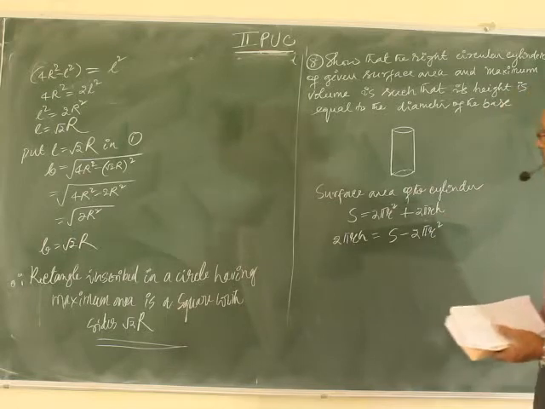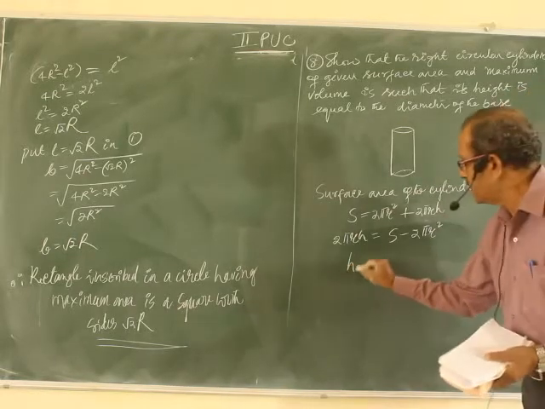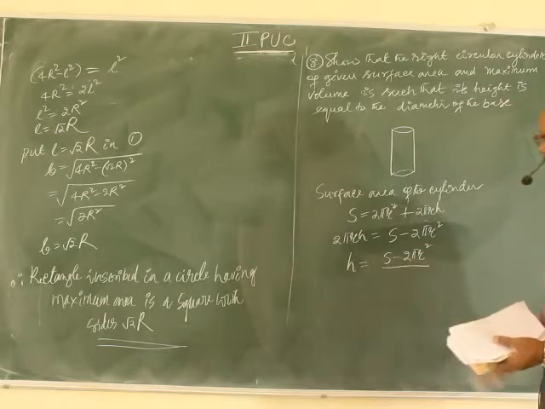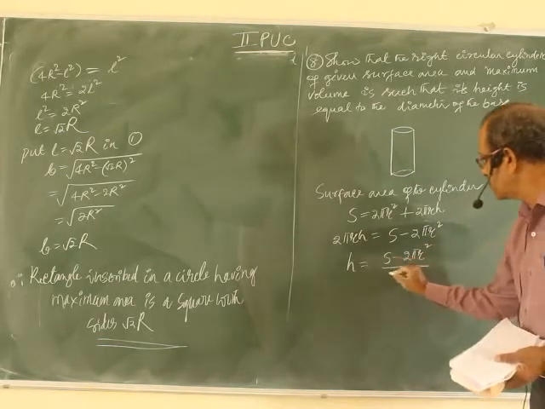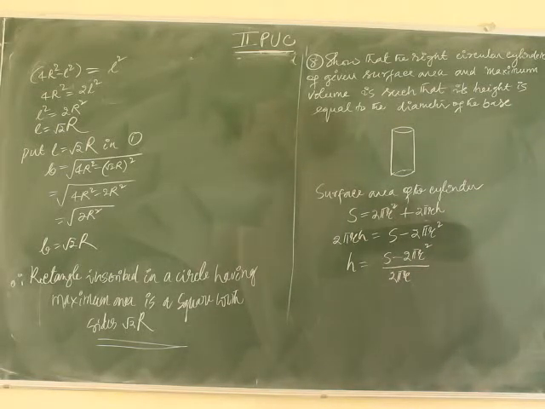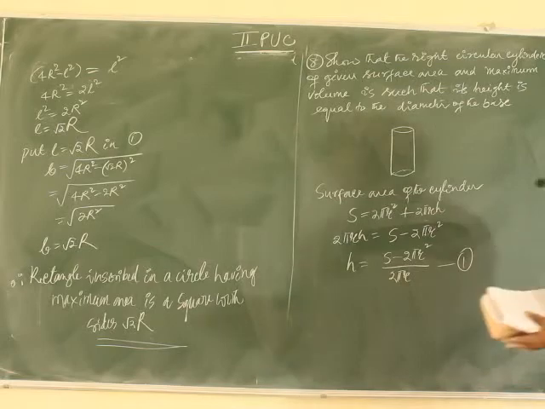I want to find h: S minus 2 pi r square divided by 2 pi r. Let it be equation 1.